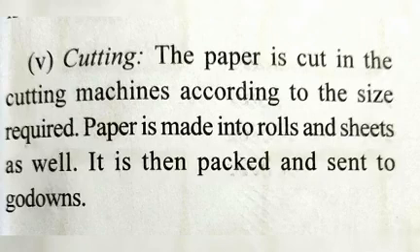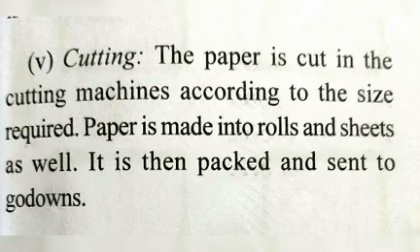Next is work in batches. What is that? The paper in the form of rolls and sheets is sent to the godowns, right? And it is preserved in the godowns only, and each roll is labeled with a batch or lot number, weight, etc. All this information is labeled.